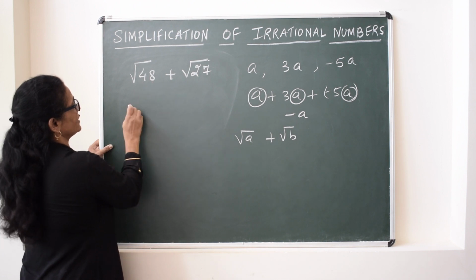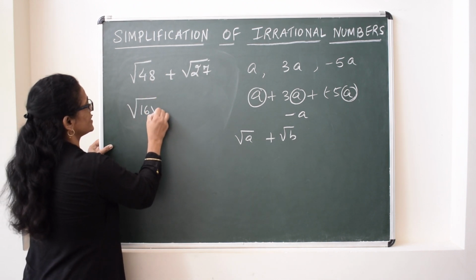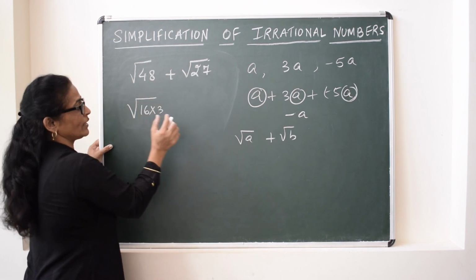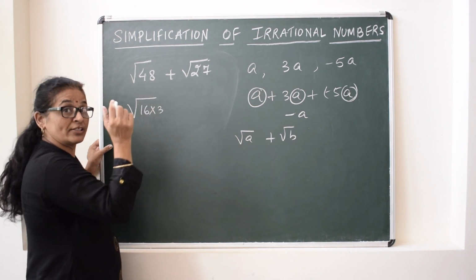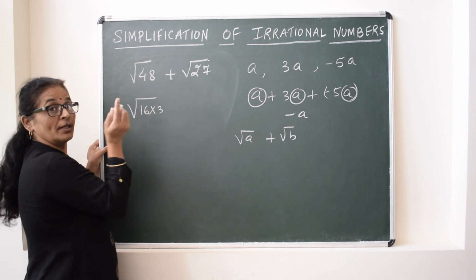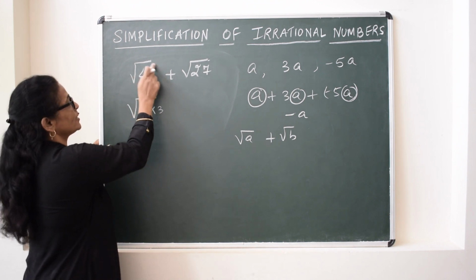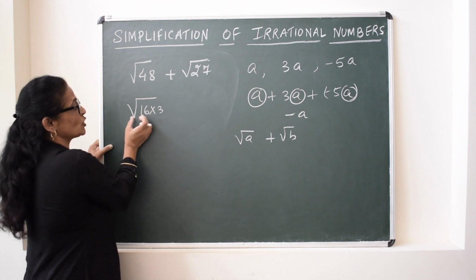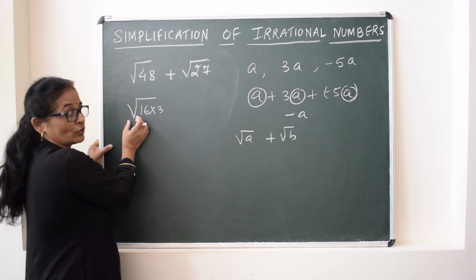So we will rewrite it as 16 threes. Either like this, or we can find the prime factors and change this pure surd into mixed surd. But when the numbers are small and we can see that this 16 is a perfect square under the radical sign, we can directly write it.